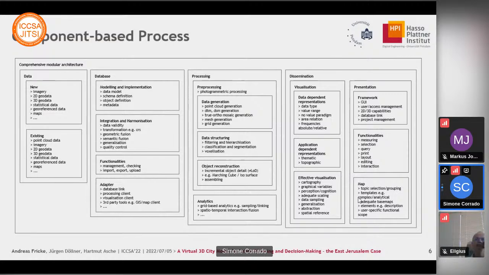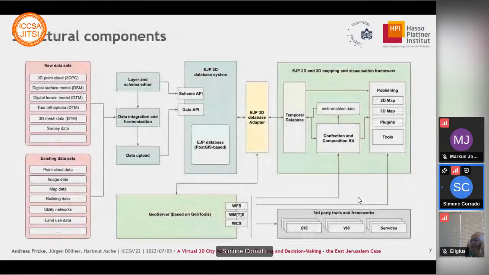The next image is a little bit better because now it's the application of this. We have data sets, for instance point clouds, the geotopographic base data, and the household surveys, and what we can see here are the larger module components. So there is data integration and harmonization, and the database.